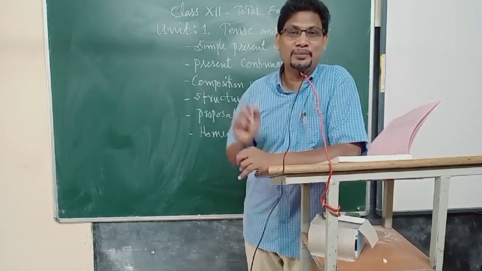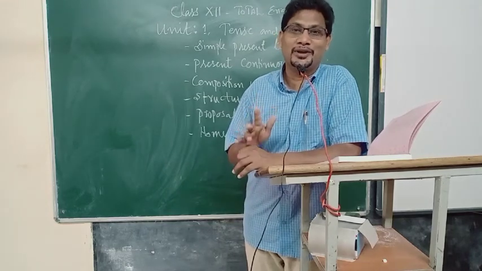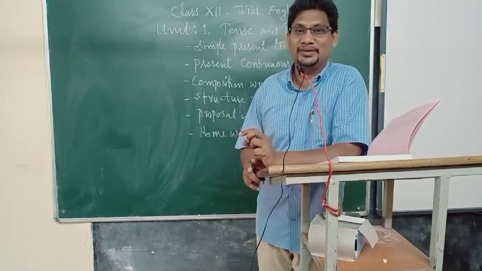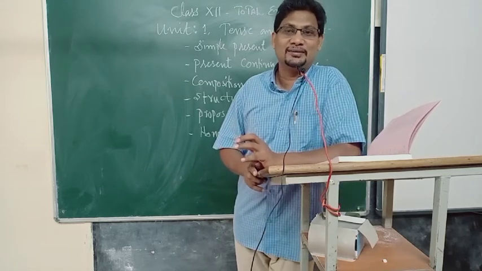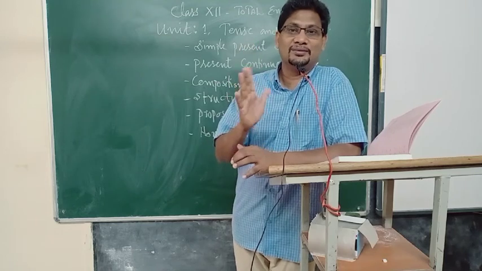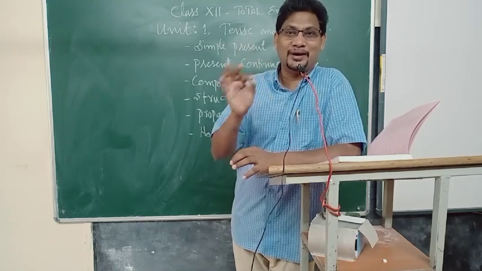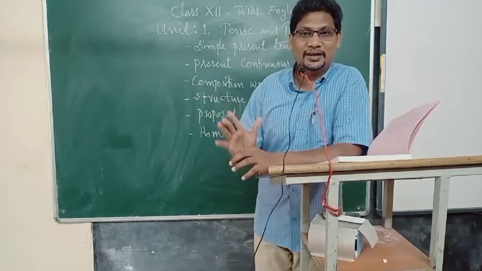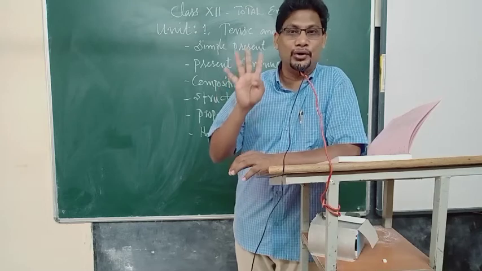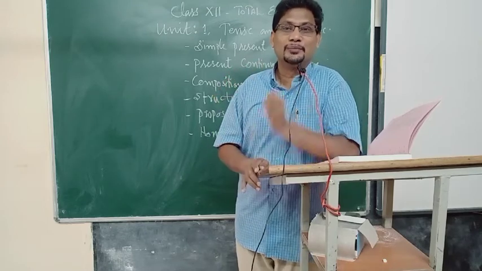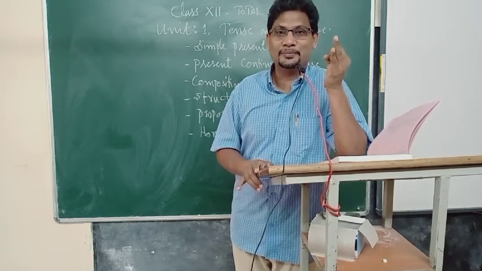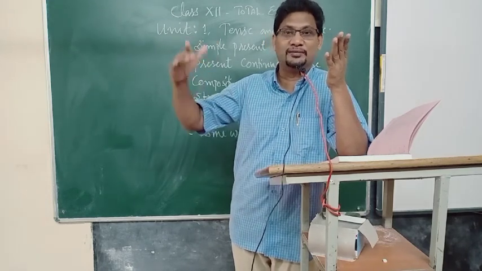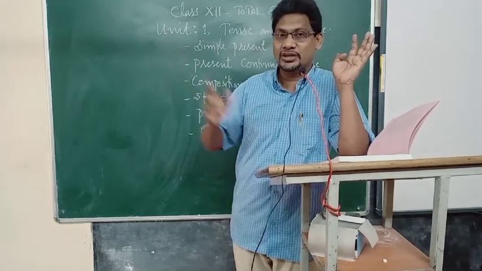But being my favorite students, let me remind you what tense is. Tense has three kinds: present tense, past tense, and future tense. You know that. And each tense has four divisions again: simple present, present continuous, present perfect, and present perfect continuous. Same is the case with past tense and future tense also.